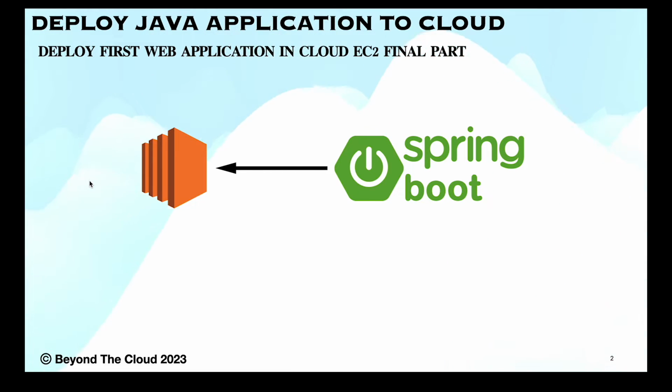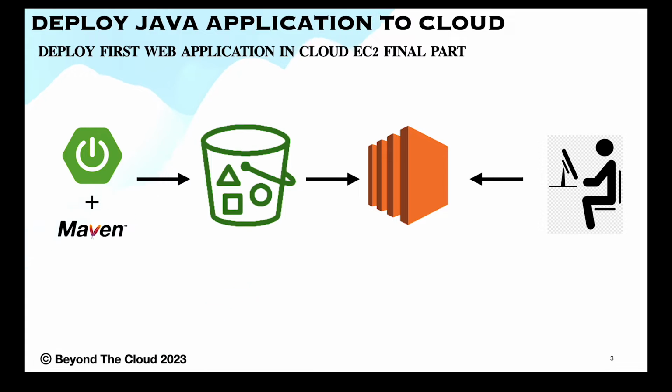Now, how are we going to do it? First of all, we are going to take one Spring Boot application and compile it with Maven. We will download the Spring Boot application from spring.io, the centralized Spring framework website.